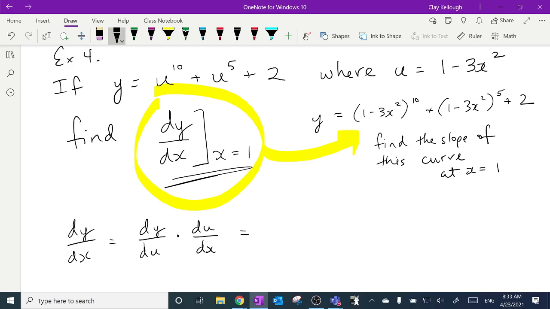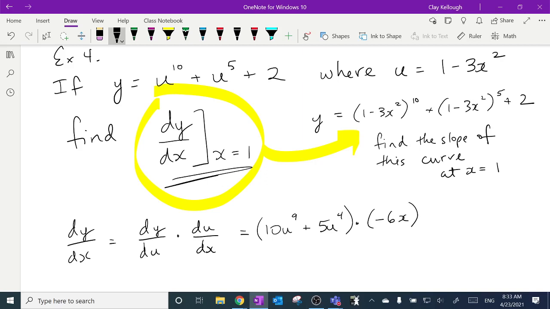So deriving this thing, it's going to be 10u to the 9 plus 5u to the 4, and of course the derivative of 2 is nothing. Times the derivative of u with respect to x. Going to my u function, the derivative of 1 is nothing, so that's going to be negative 6x.